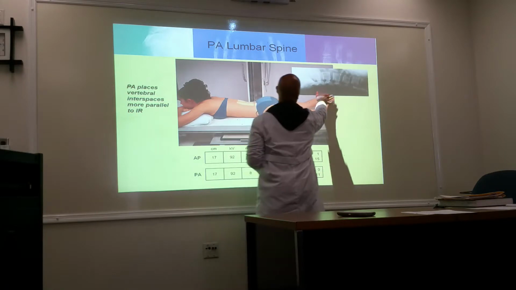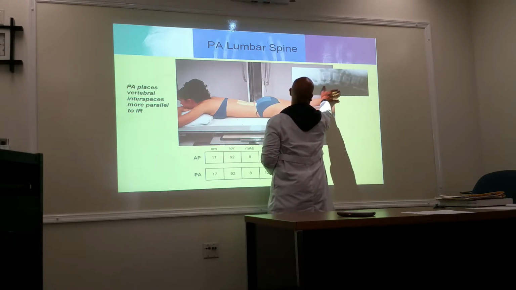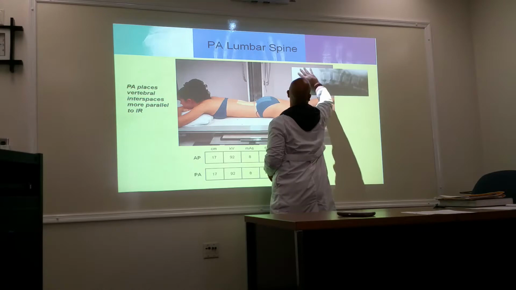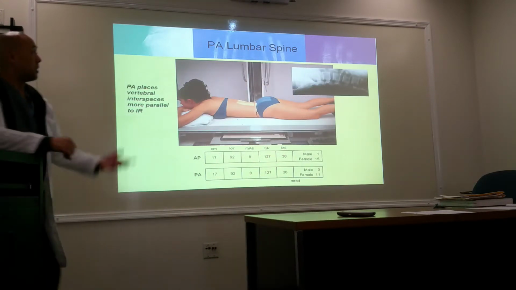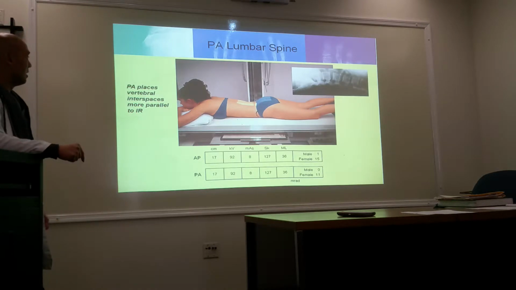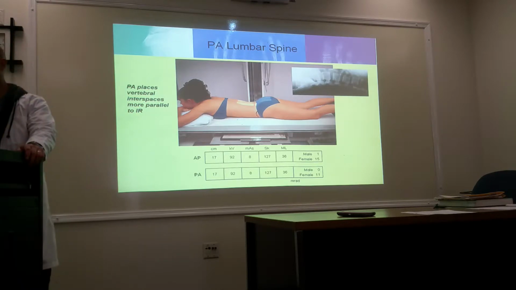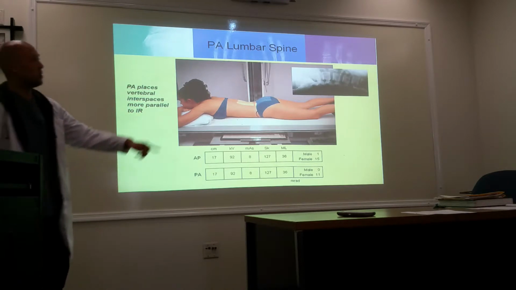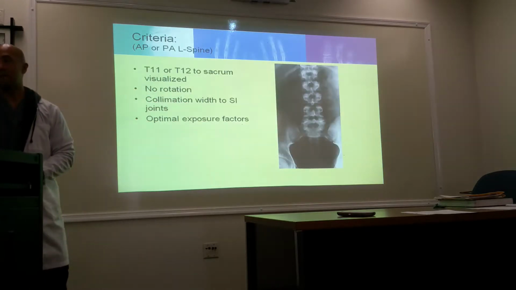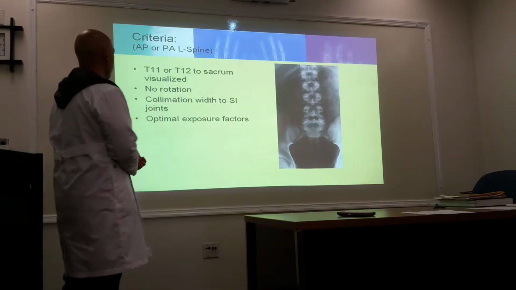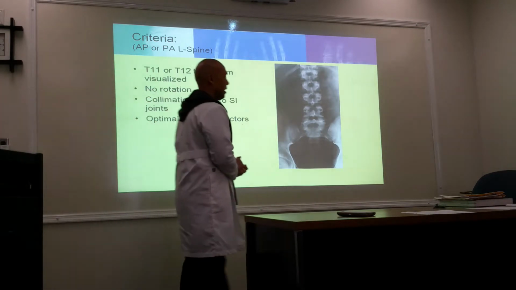Because this is their back, they're lying on their back, so the body's anterior should be flipped. Ignore this picture, it's the wrong picture that they put up there. But PA places the vertebral interspaces more parallel. I think they were trying to show that with a lateral picture.